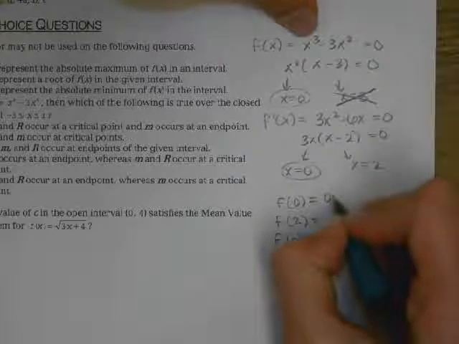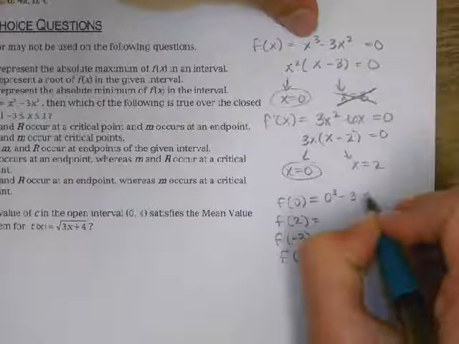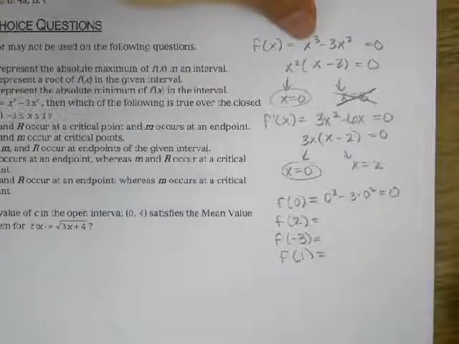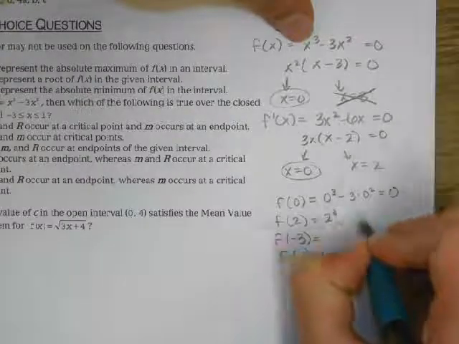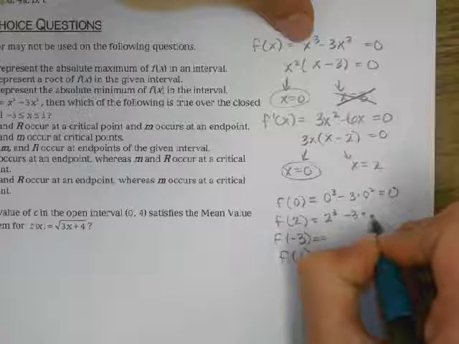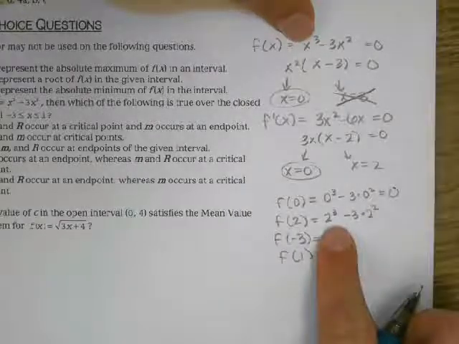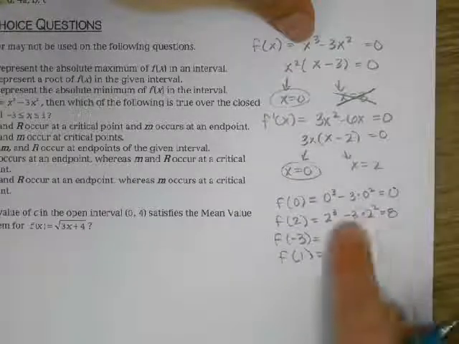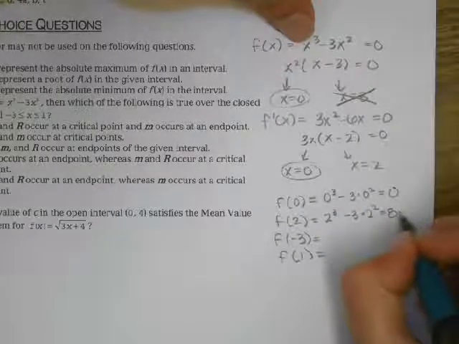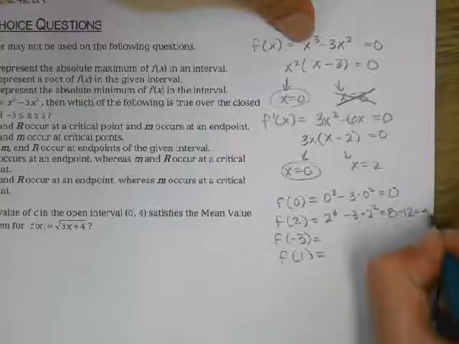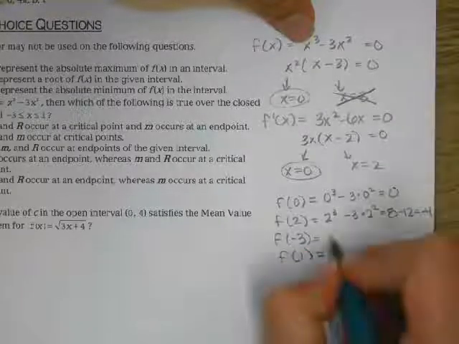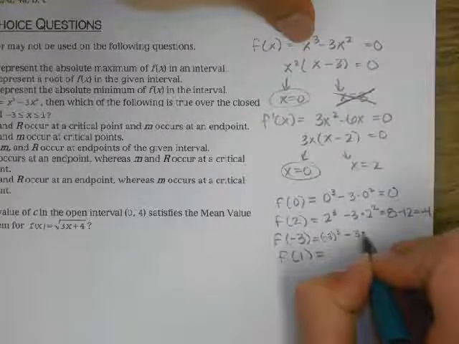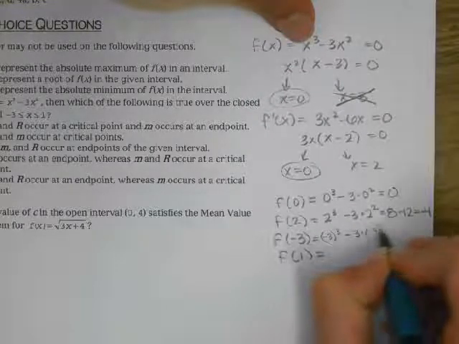So for the first one, I have 0 cubed minus 3 times 0 squared, which is going to give me 0. Then I have 2 cubed minus 3 times 2 squared. So 2 cubed is 8. That's -3 times 4, so that's minus 12. So that gives me -4. Now I've got -3 cubed minus 3 times -3 squared.